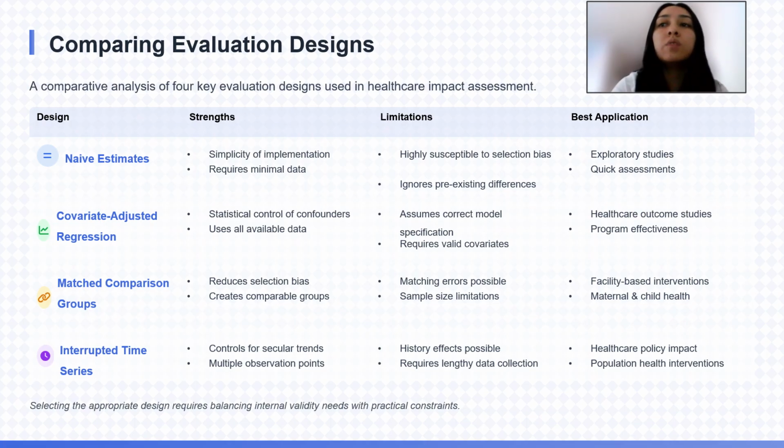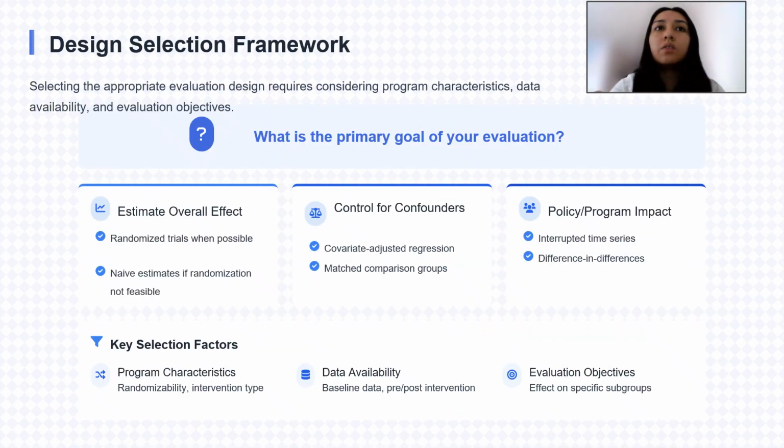So in healthcare research, there's always a trade-off between practicality and internal validity. Selecting the appropriate evaluation design requires considering program characteristics, data availability, and evaluation objectives. So what is the primary goal of your evaluation? Choosing the right design starts with the goal of the evaluation.